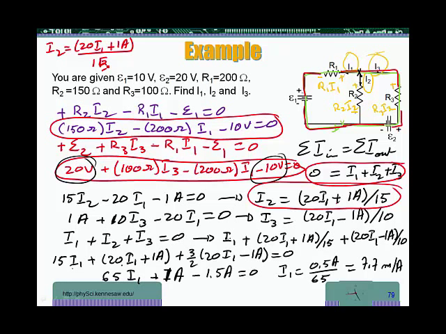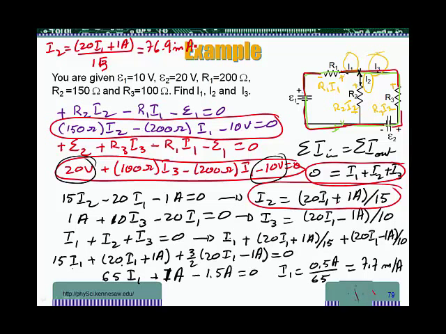Okay, so times 20, so it is 76.9 milliamps.